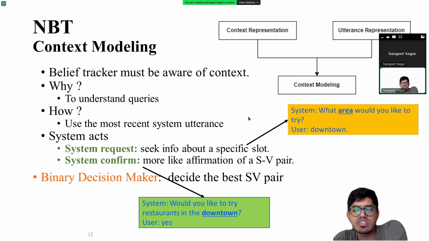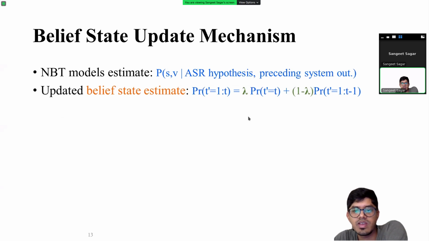And then the binary decision maker compares each of the slot values and finds the best slot value pair that is being represented. So this work uses a rule-based approach to update the belief state, where in each dialogue turn, the model estimates the probability of a slot and value pair given a list of ASR hypotheses along with the preceding system output, in order to have a combined estimate for the entire dialogue.